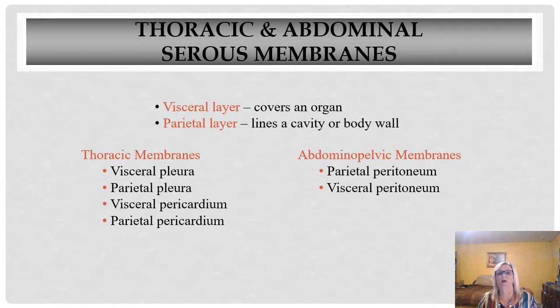All right, so then we have the parietal pericardium, and that's the outer layer of the pericardium. Then we have the parietal peritoneum, which lines the walls of the abdominopelvic cavity. Visceral peritoneum covers most of the organs in the abdominopelvic cavity as well.